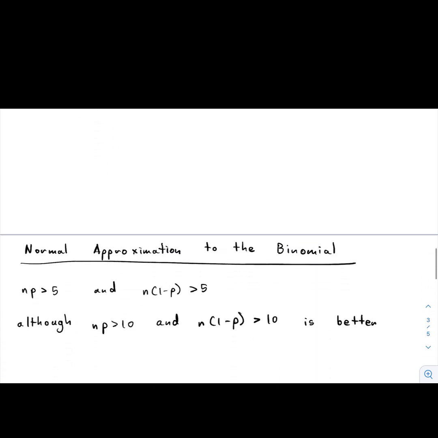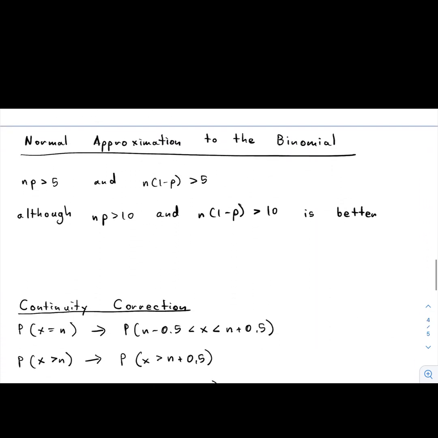And now to jump to the idea of actually utilizing this approximation technique. If we use our normal distribution to approximate the behavior of a binomial distribution, the first thing that we want to check is effectively, do we have enough data to work with?